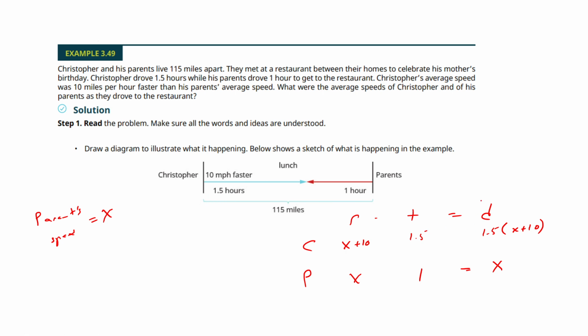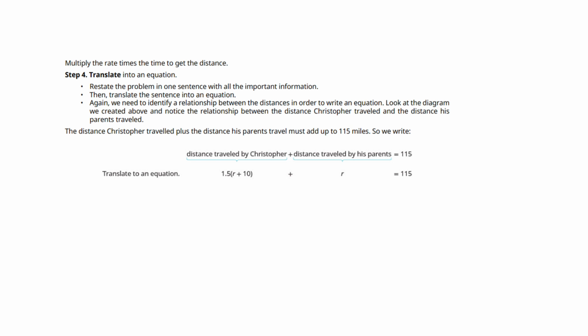So I need to take this distance, and let's see what we get. This is Christopher's distance, and this down here at the bottom is his parents' distance. So if they've gone a total of 115, do you see that we could add them? So what's different this time, we had been going the same distance, but now we haven't. We know that Christopher traveled this distance, his parents traveled this distance.